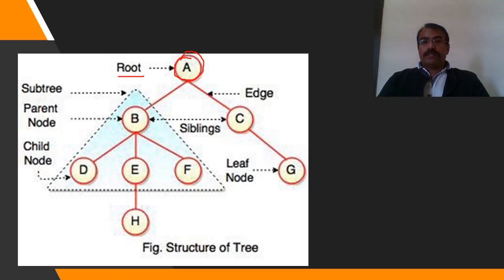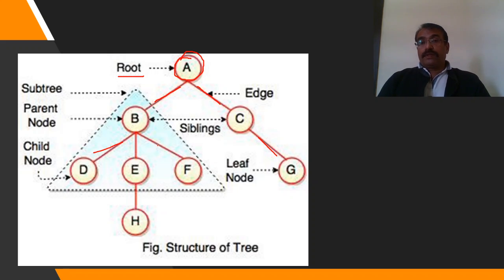These circular blocks you can see are called nodes. These nodes hold the information or data which we want to store. And the lines you can see here are edges. These edges connect two nodes with each other, but in a particular manner.